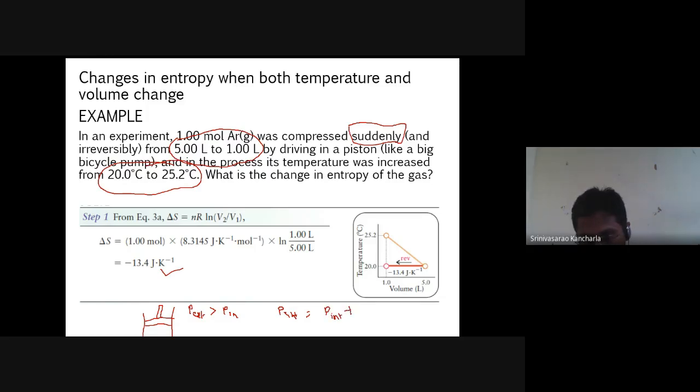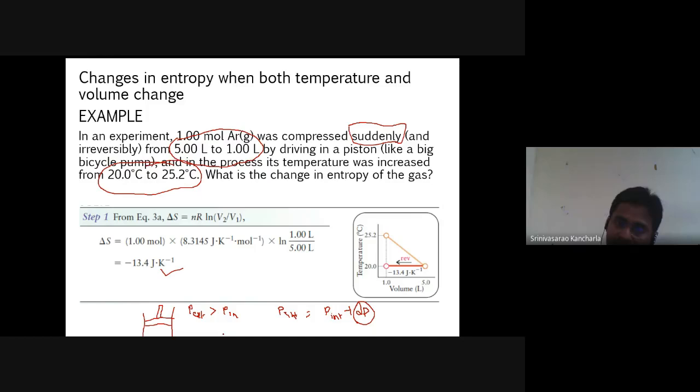That means a very small change which can be reversed back. If you change only a small amount of pressure, you can also do the expansion. That means the system is under mechanical equilibrium at all the stages.